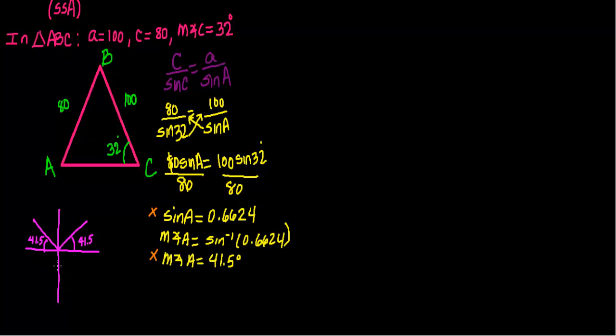What this means is that the sine of 41.5 degrees in the first quadrant is equal to 0.6624. And the sine in the second quadrant for this angle, which we measure from 0 all the way over here, and to find that angle I would take 180 minus 41.5.